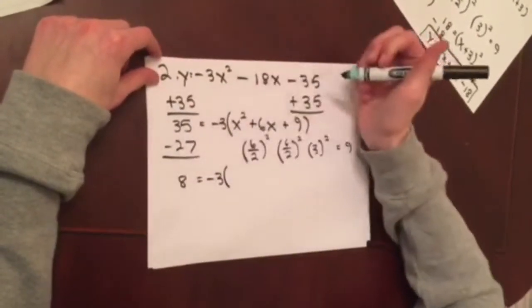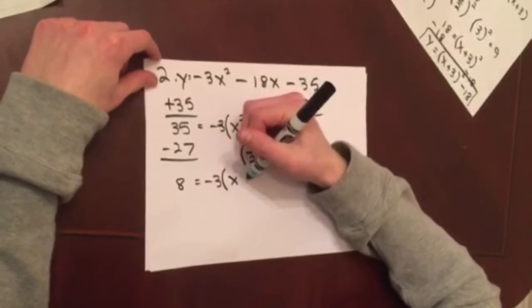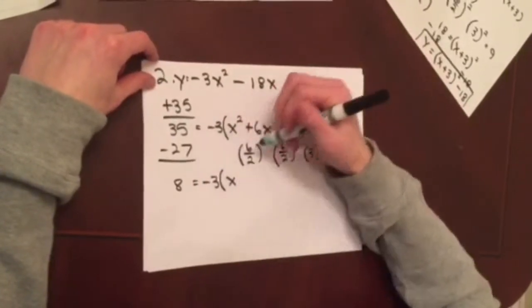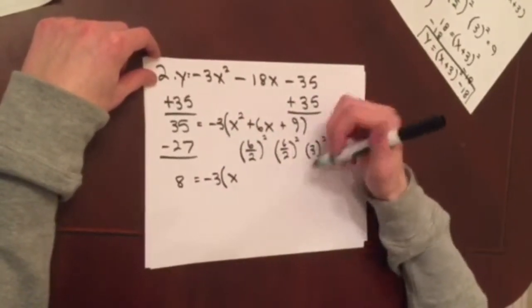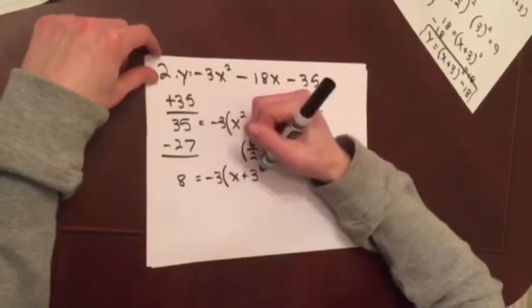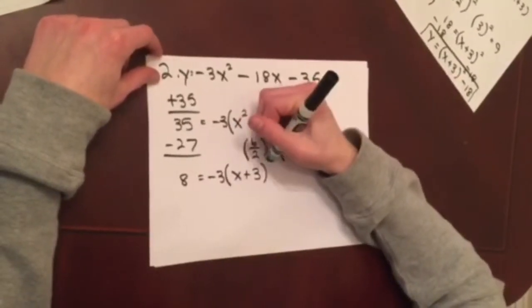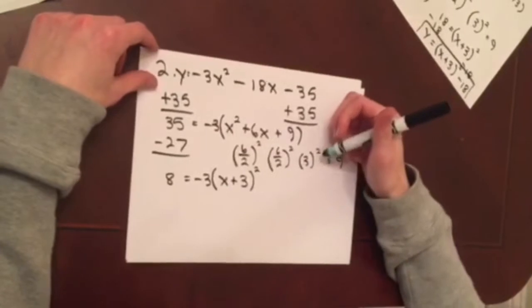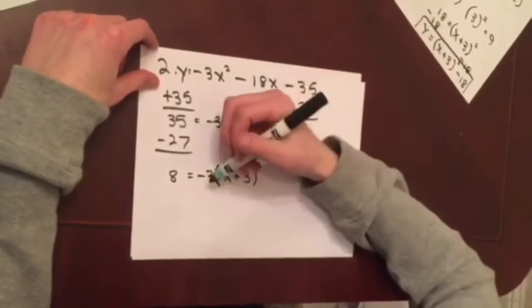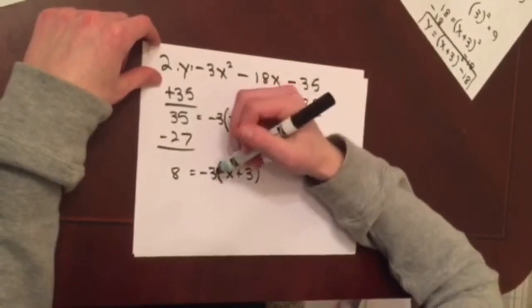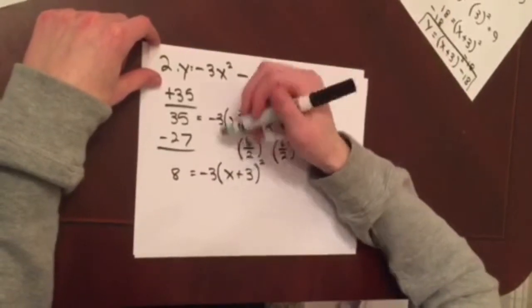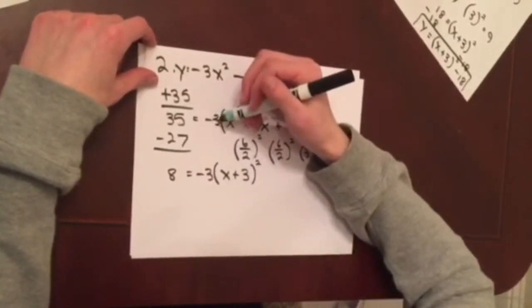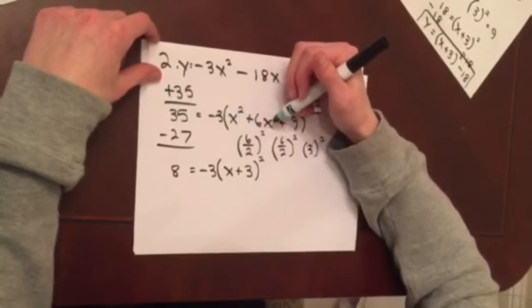Negative 3, x plus b divided by 2, which is 3 in this case, so plus 3, squared. You got to remember, this equation right here, negative 3, x plus 3 squared, is the same as negative 3, parentheses, x squared plus 6x plus 9.